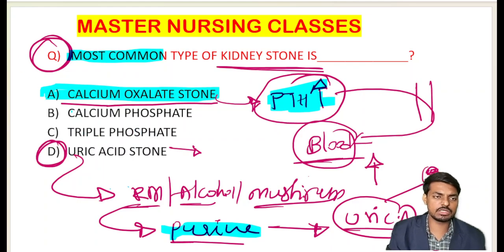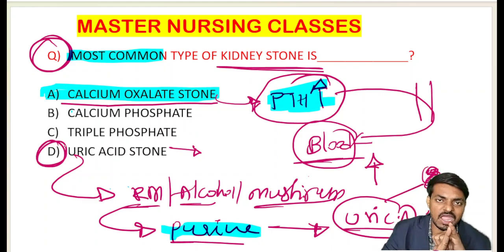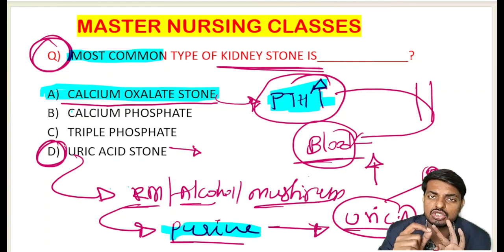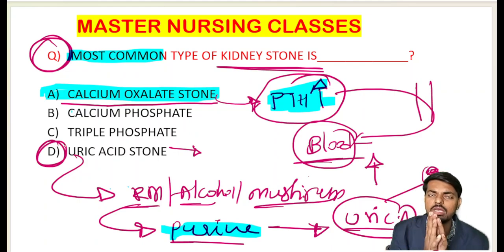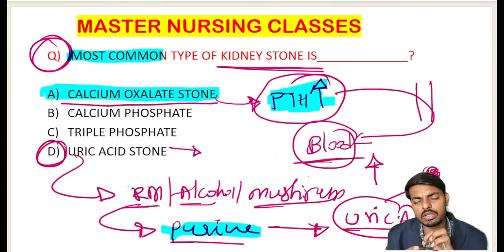And the triple phosphate stone. Another name of the triple phosphate stone is the Staghorn stone, and also the Struvite stone, and very importantly the post-infection stone. This triple phosphate stone mainly occurs due to Proteus infection, where the Proteus bacteria convert urea into ammonia due to the presence of urease.